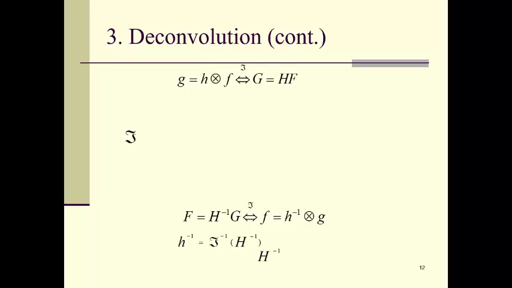deconvolution. So in general, the resulting image g is equal to h, the defect function, convolved with f, and this is the corresponding operation in the frequency domain. If I want to put it the other way around, with simple math, I want to get the F. So I will multiply both sides by the multiplicative inverse of H. So here I have H^-1 multiplied by H multiplied by F will be equal to H^-1 multiplied by G. H^-1 multiplied by H will give me the identity, which is 1.